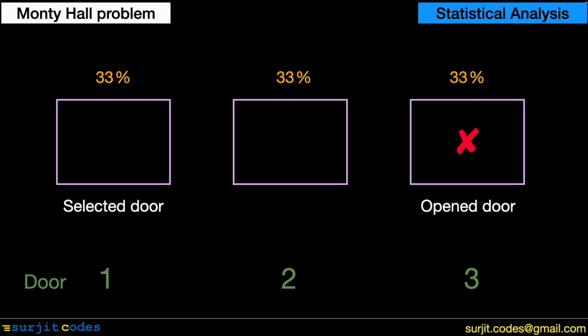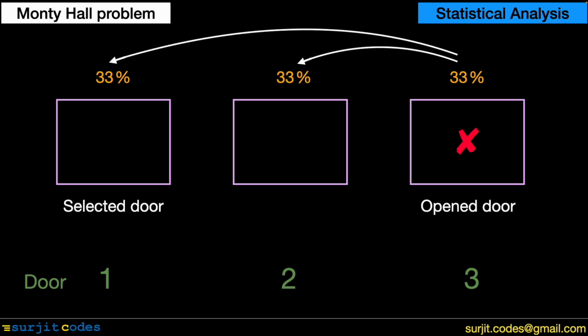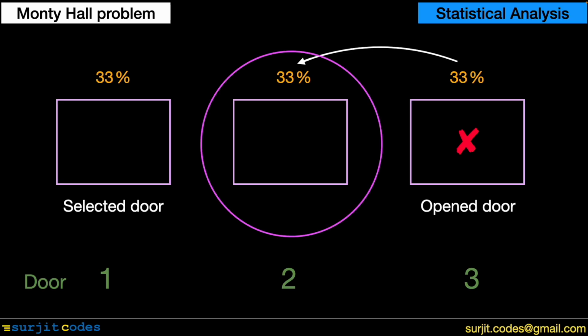Now that the probability of the open door has reduced to 0, how will the probabilities of the remaining two doors change? Will the probabilities change to 50-50 amongst the two remaining doors, or will it be transferred only to the unselected door, which then becomes 67%? We will show here that this second distribution of probabilities is correct.